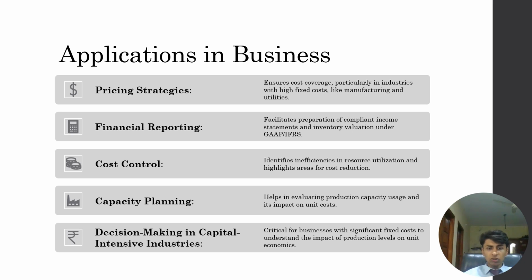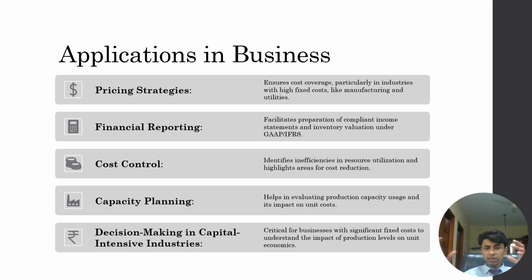Then comes cost control. Absorption costing includes all the costs and helps in recognizing the costs and also reducing them. Then comes capacity planning. It helps in evaluating production capacity usage and its impact on unit costs.